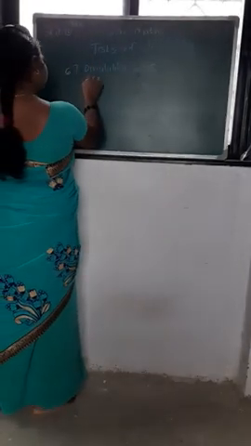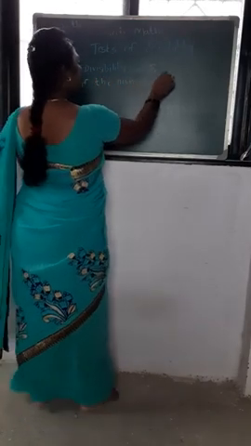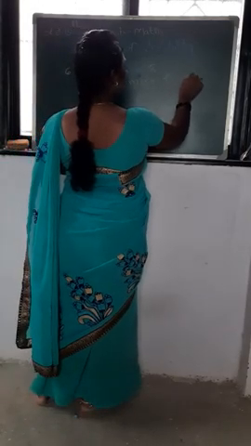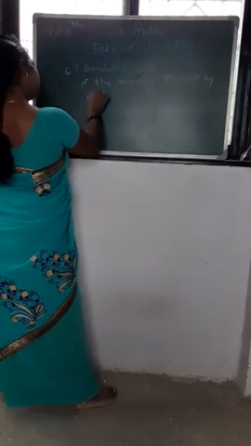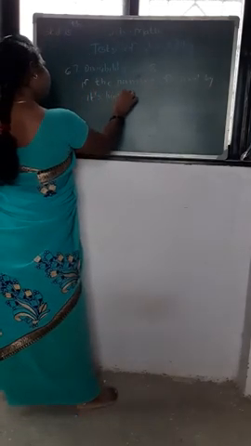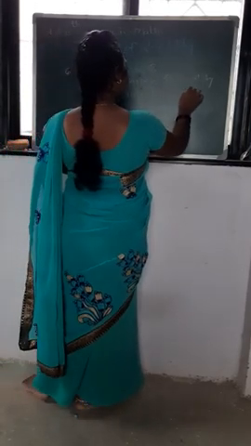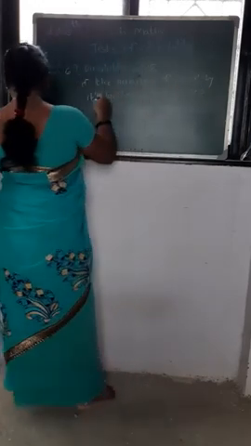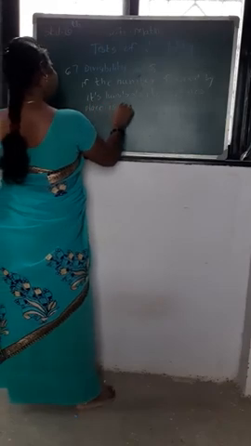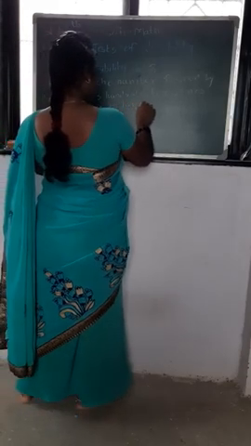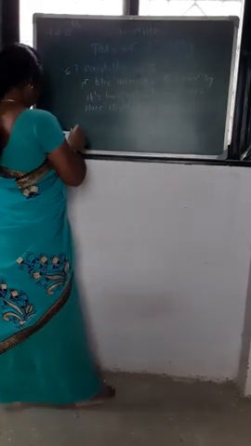If the number formed by its hundreds, tens, ones place is divisible by 8, then that number is divisible by 8.